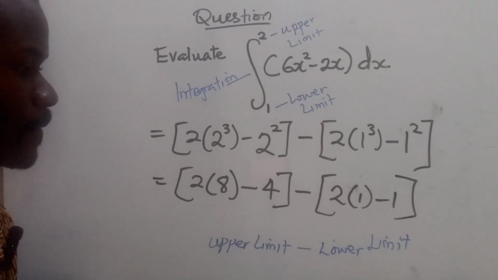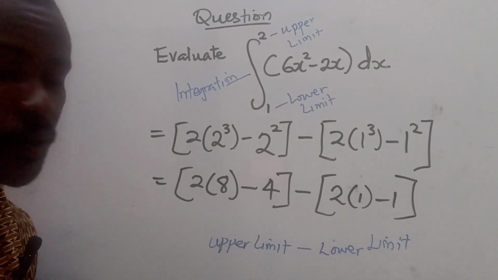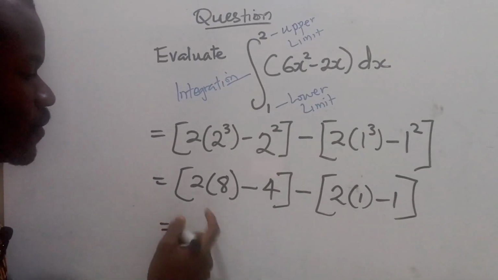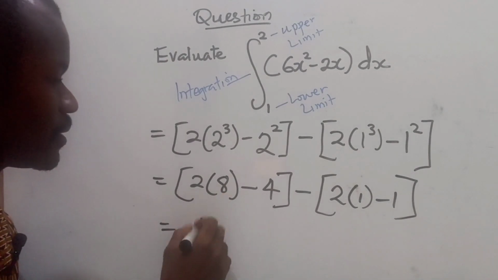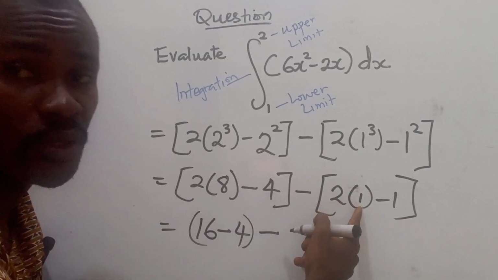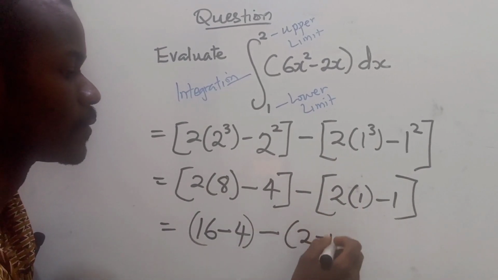So from this we can now finish up. Our upper limit is going to give us 2 times 8 is 16, minus 4, minus 2 times 1 is 2, so 2 minus 1.